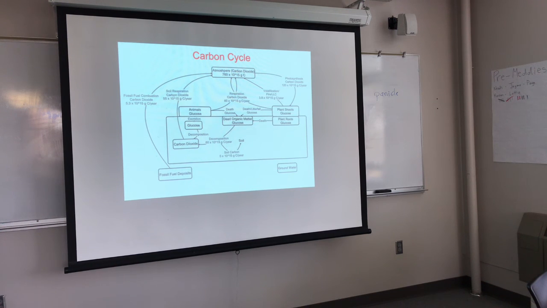So if you do the simple math of this, plants take 120 times 10 to the 15th grams per year out of the atmosphere. So that's removing carbon in the form of carbon dioxide from the atmosphere. But then it puts back 60 times 10 to the 15th in the form of respiration.